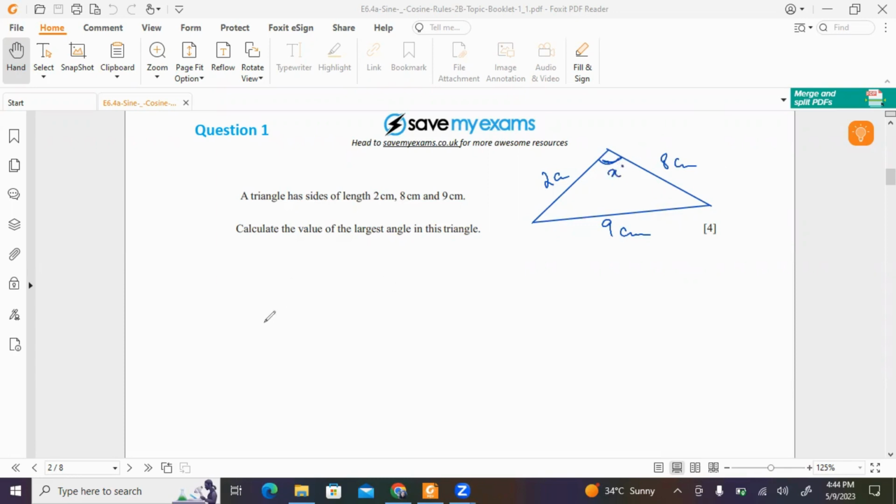Based on the information given, as we discussed in the previous video, when all three lengths are given, it means we need to apply the cosine rule.